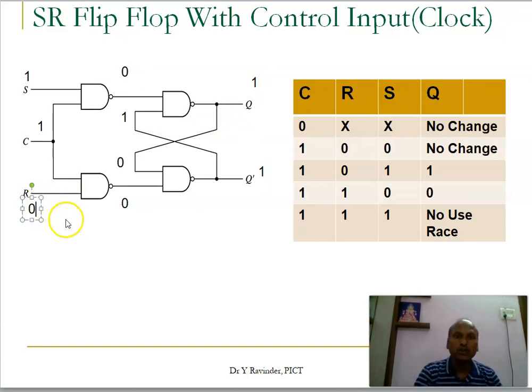So this is 1, 1, 0, 1, 0, 1. So this 0 makes this 1.